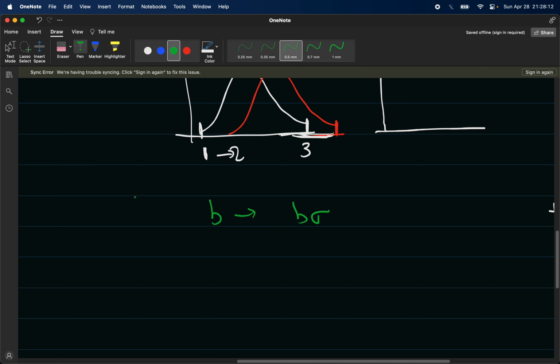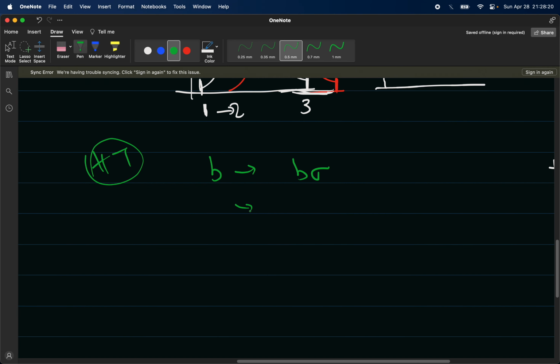Notice tip number 7. Notice that this isn't the variance, it's the standard deviation. Because the variance is the square of the standard deviation, this actually becomes b squared if you have your variance. So if you're using your variance, make sure you use b squared, and if you're using standard deviation, it's b. Okay, that is all there is to converting units.